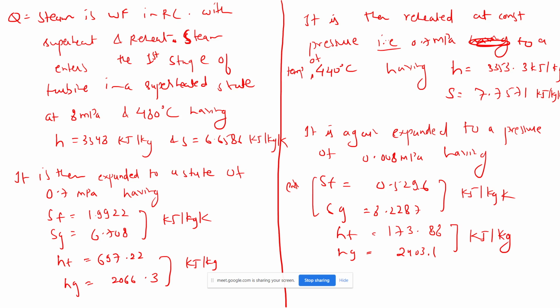Sf is 0.5926 kilojoule per kg Kelvin. Sg is the entropy of the saturated vapor, which is 8.2287.